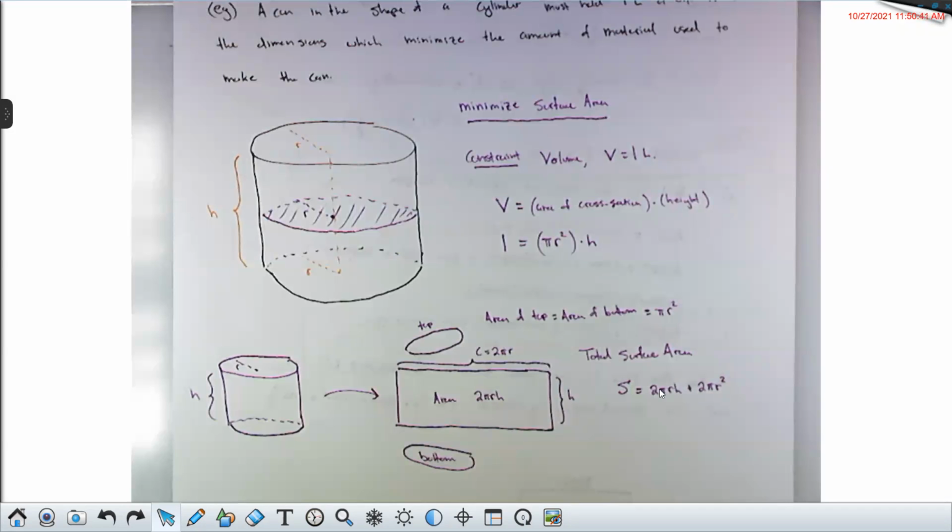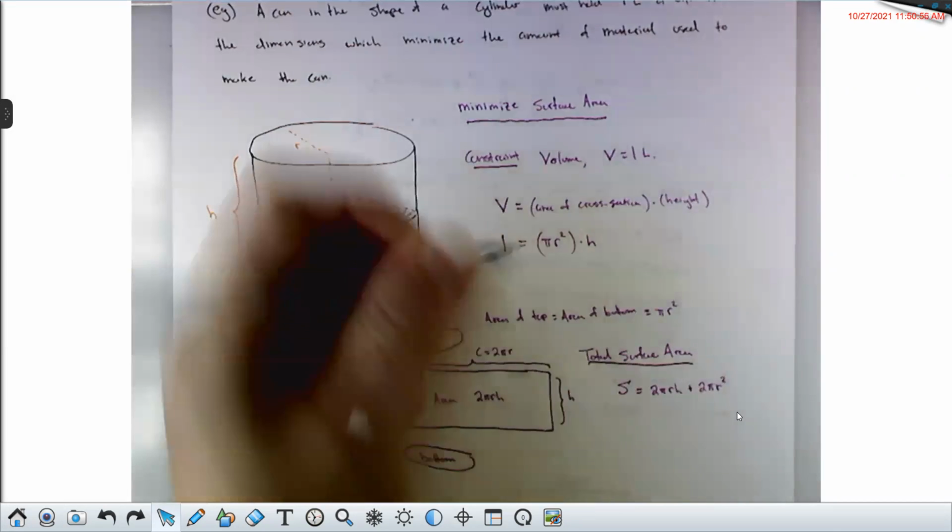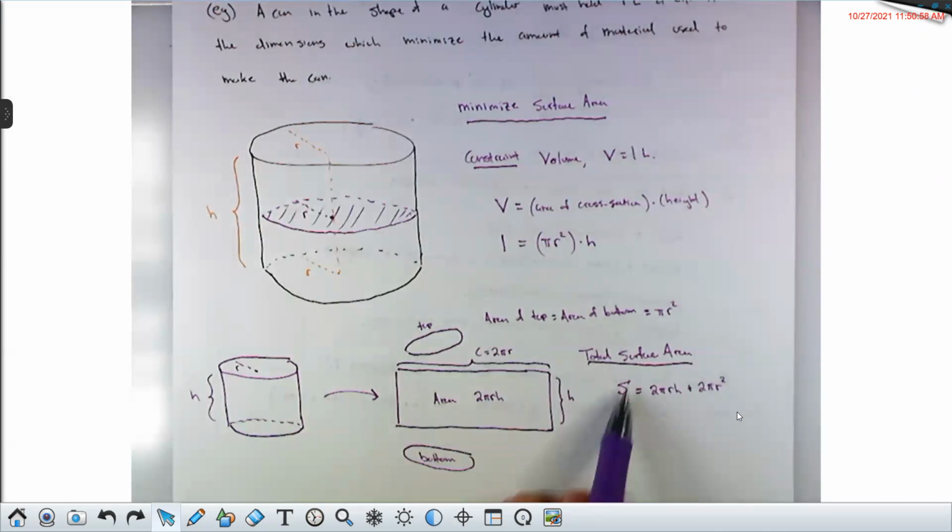So I have my constraint: 1 is equal to pi r squared h, and I have my surface area, the thing I'm trying to minimize. So what I would like to do is differentiate this and find the mins and maxes. However, this, just like the previous problem, has two different variables, r and h. So I want to get rid of one.